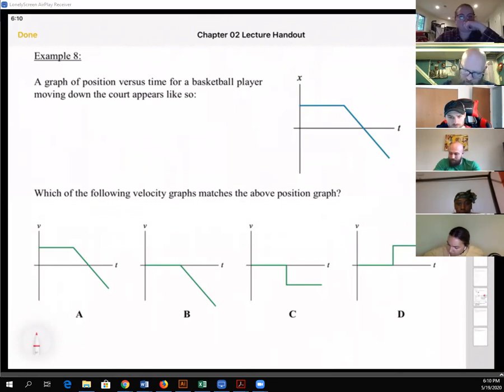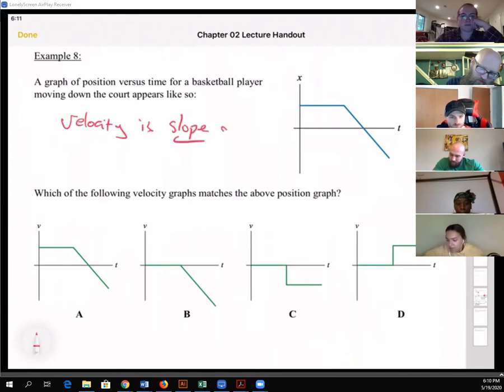So remember the relationship here: velocity is the slope of x versus t.